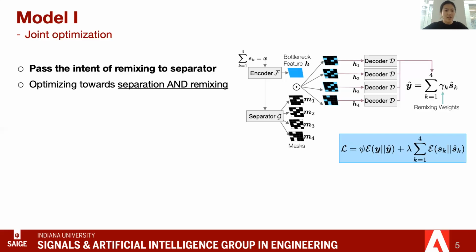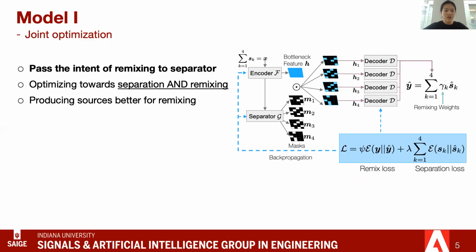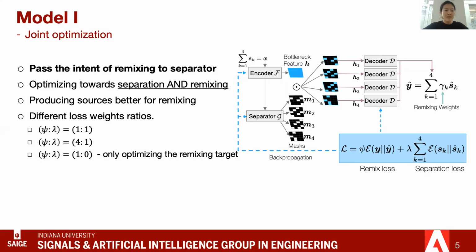Meaning the loss function shown in this blue box should contain a separation loss and a remix loss. And by having this additional loss term, the model learns to produce separation results that are better for remixing use. We experimented with different ratios for these two loss terms, and we provide 3 examples in the paper.